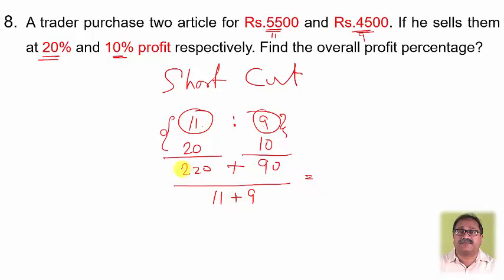That means that is 220 plus 90, 310 divided by 20. This will be my overall profit or loss percentage. How much is that? When I cancel this, this comes 15.5%. This is my answer.